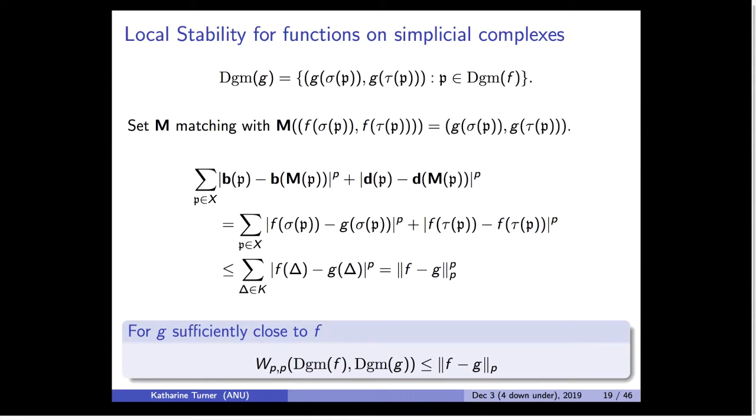This is a more natural setting for putting the stability theorem in. Okay? So the key takeaway is that if you've got two functions over a simplicial complex and they're close enough, then the Wasserstein distance between them is going to be bounded by the LP distance between the functions. Okay? Any questions while I drink coffee?